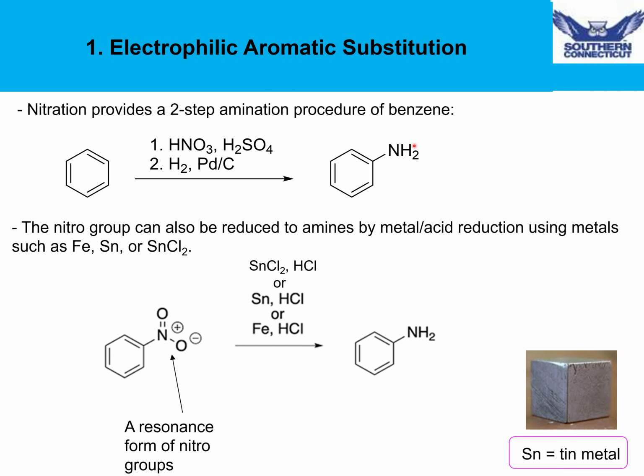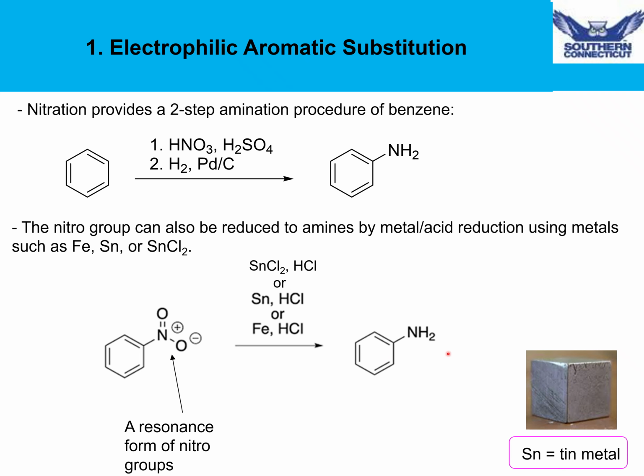Similar to any other functional group that can be reduced in chemistry, nitro groups can be reduced by three methods, one of them being hydrogenation, another one being metal reduction, which I'll show here. So a nitro group, if we add either tin, iron, or tin dichloride, and combine that with an acid like HCl, we can reduce that nitro group into an amino group.